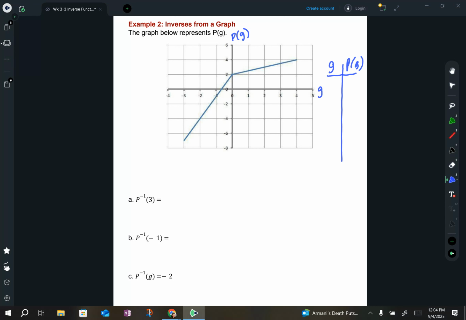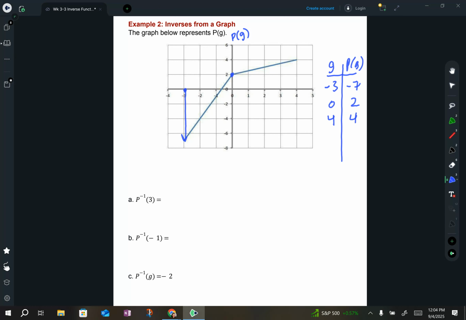If I take an input of negative 3, it has an output of, well, it looks like about negative 6, negative 7. And if I put an input of 0, I get 2 out. And if I put an input of 4, I get 4 out. So those are just some values that map g to p of g.